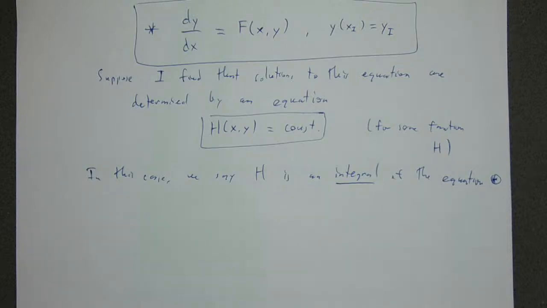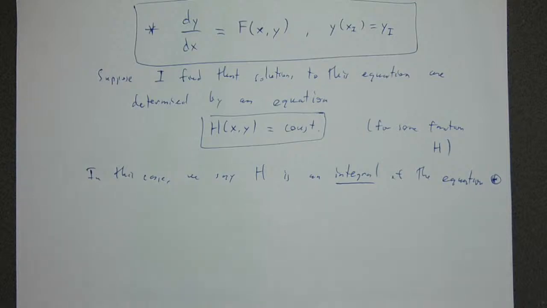So this is not the same as finding an explicit solution, but we want to say that basically it is. We want to say that if a given equation has an integral, then for us, that is as good as considering this solved. So having an integral is going to be as good as having a solution, because in a sense it's the same thing.